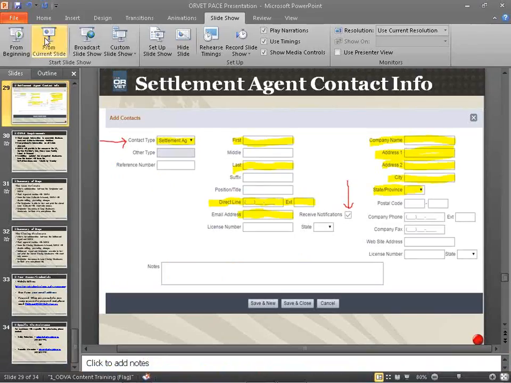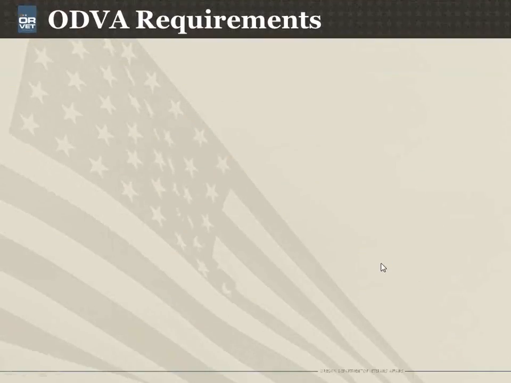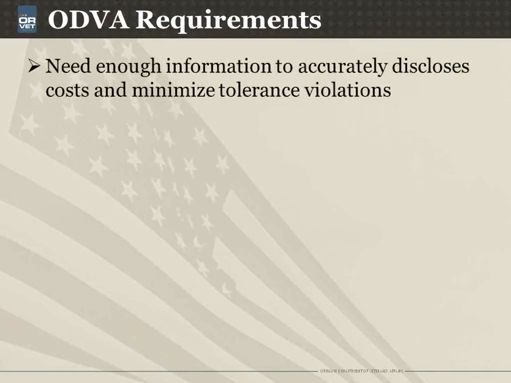So let's go back to here. So this is kind of a finish up here again on some of the information we've talked about. We're at pretty close to 50 minutes right now, and so again, we're only asking for input into the PACE system for enough information for us to accurately disclose the cost and obviously minimize any tolerance violations.